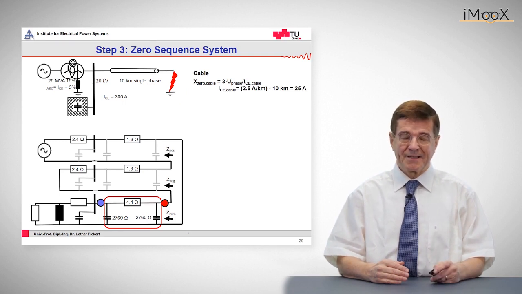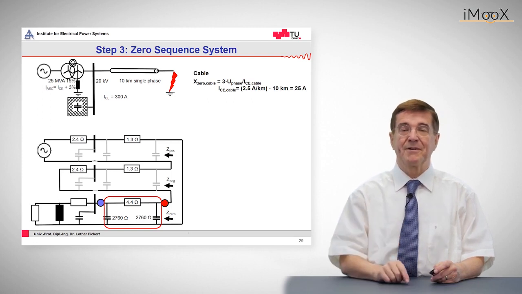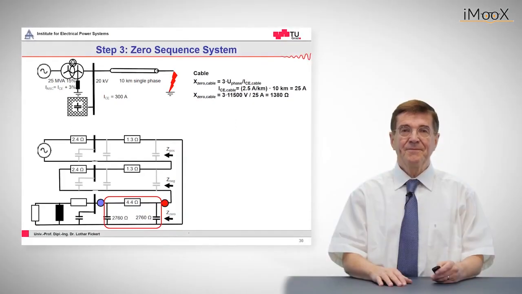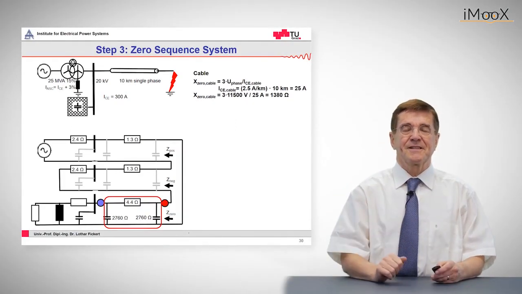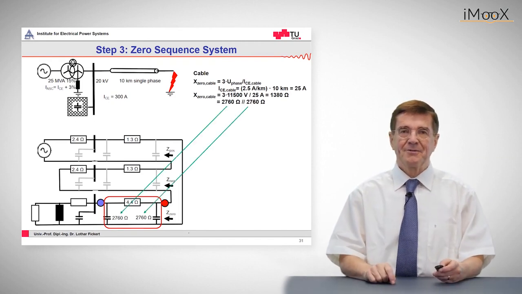This capacitance is given by 3 times phase voltage divided by the earth fault current, and then this comes out as 25 amps, and accordingly this shunt reactance is 1380 ohms, or placed on the two ends left and right of the cable, we have this value as indicated here.